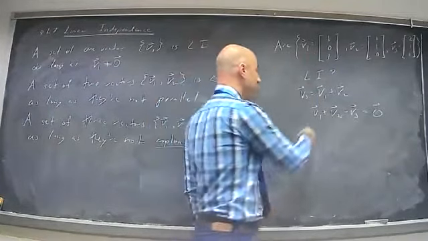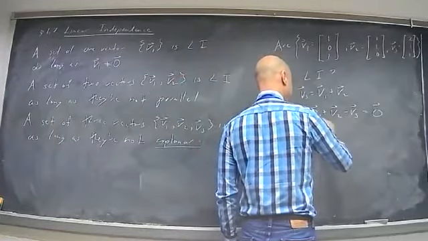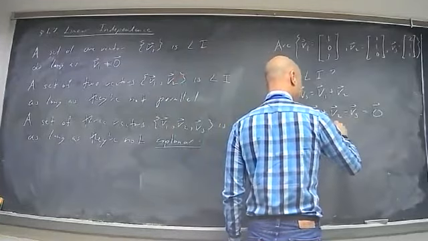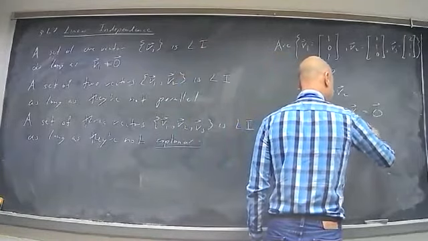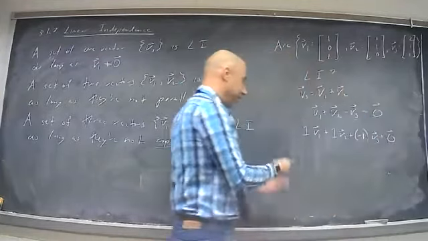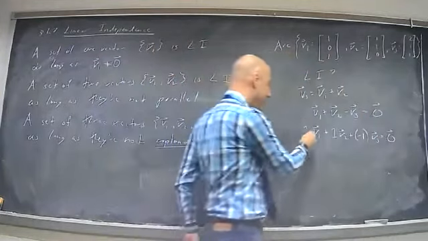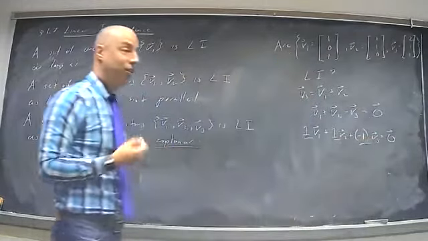And what I just wrote is that 1 times V1 plus 1 times V2 plus -1 times V3 equals the zero vector. And so there are other solutions. I have other things I can put in front of the V1, the V2, and the V3 that aren't all zeros.